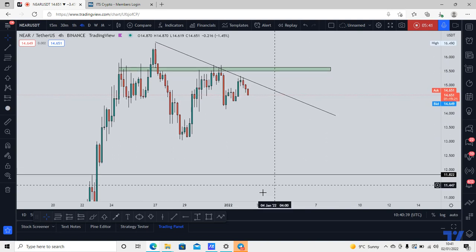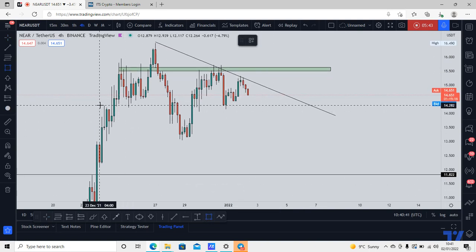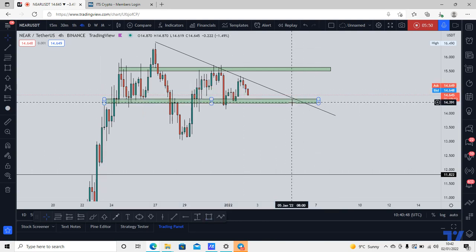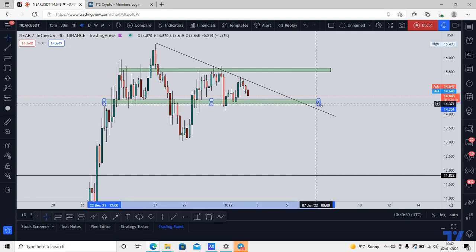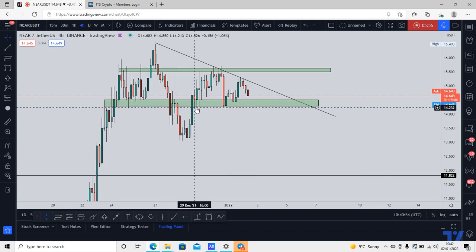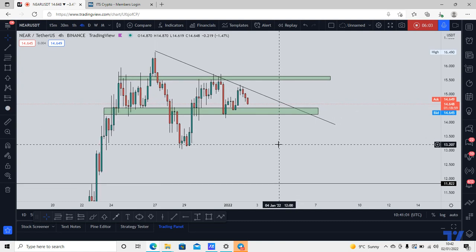What we can also see here on the 4-hour time frame is we have a clear level of structure all across this zone. We have support here, resistance here, support here, support here. So you can clearly see this is a very strong level of support that the market does need to break below.